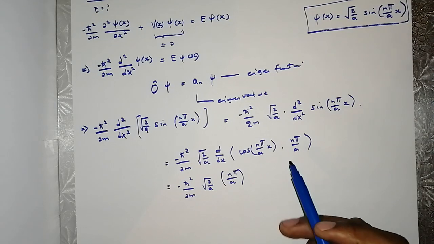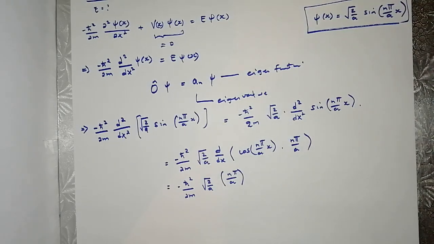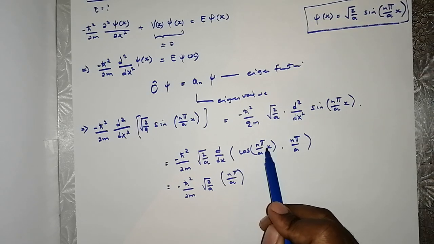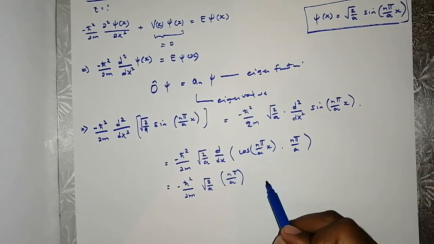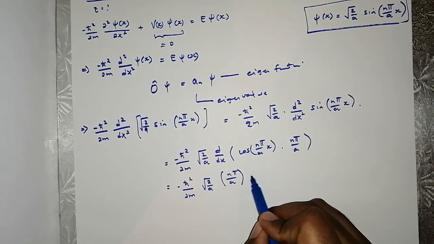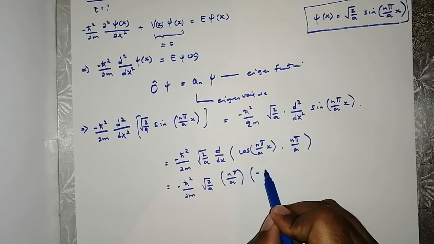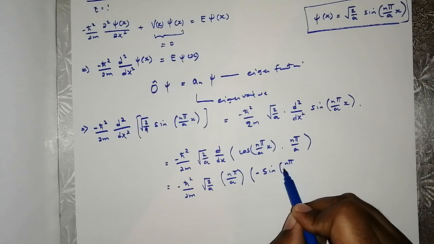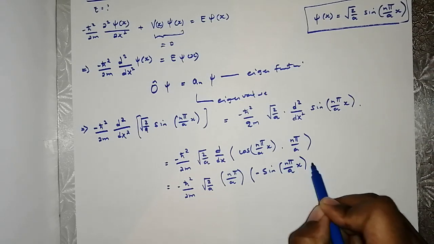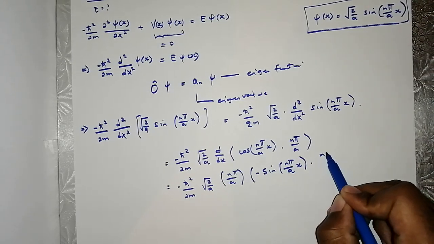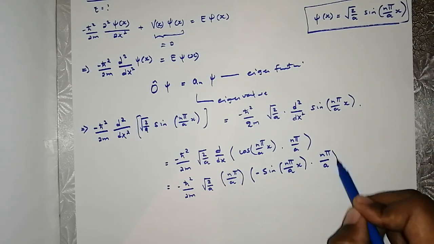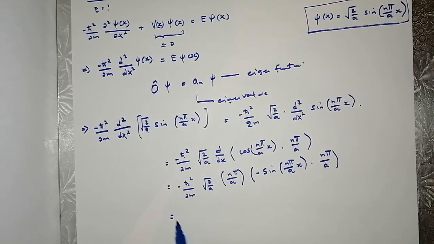Okay, so I'm going to apply the second derivative. I'm going to differentiate cos of n pi divided by a multiplied by x, right? Then this is going to be negative the sine of n pi divided by a times x multiplied by the derivative of the inside function.